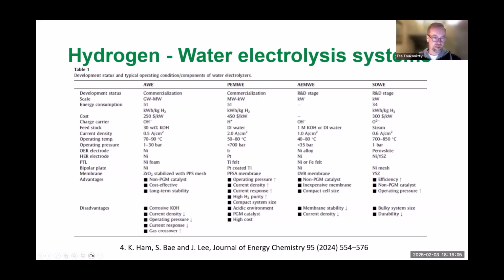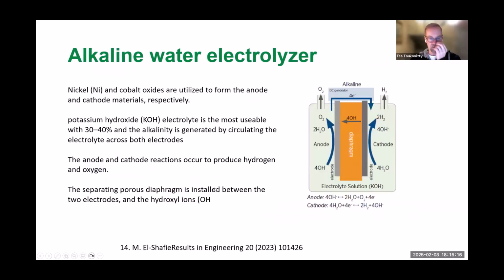We'll take a look now at different types of water electrolyzers, not in detail, but some additional info. On the right-hand side, these have all been more or less copy-pasted from article number 14, one of this chapter 4's articles.